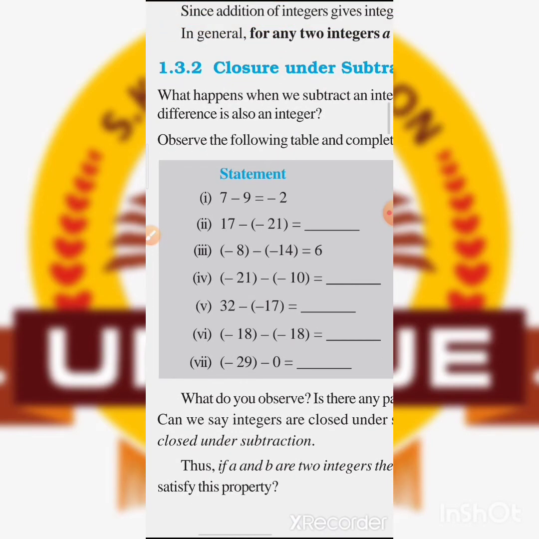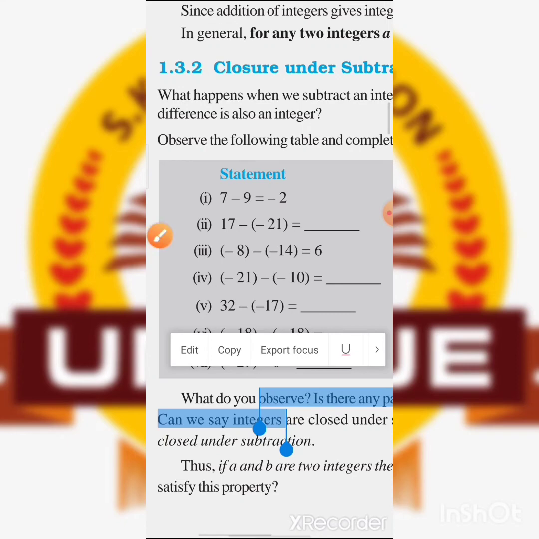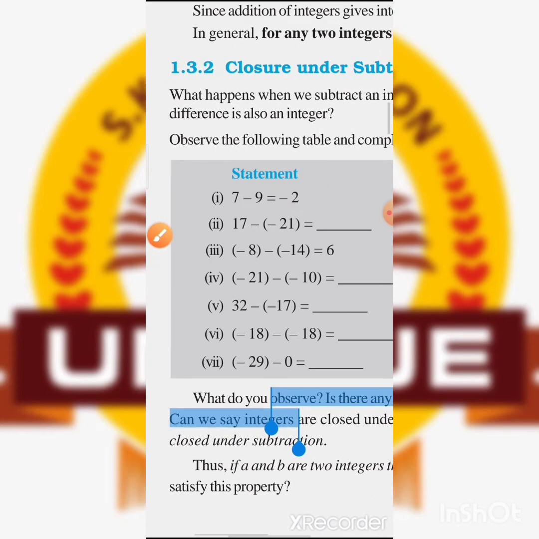Next we'll take the third example: minus 8 minus, in bracket, minus 14. In this one, as you can see, both integers are negative. First we open the bracket, and in the middle minus minus becomes plus.